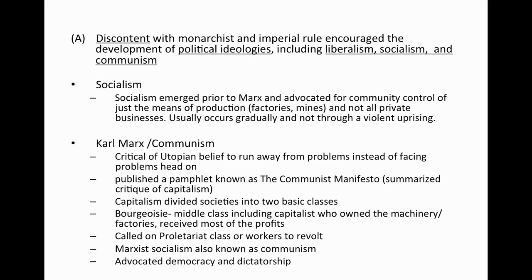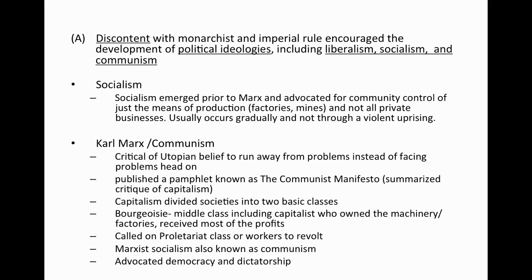He doesn't believe socialism goes far enough, so he publishes his Communist Manifesto. He believes that there are two societies: the proletariat, or the workers, and the bourgeoisie that dominates society, and the workers are the victim. And so he calls on the proletariat class to stand up and go to war, revolt, and that's the difference. It occurs quickly through violence, or a violent uprising.